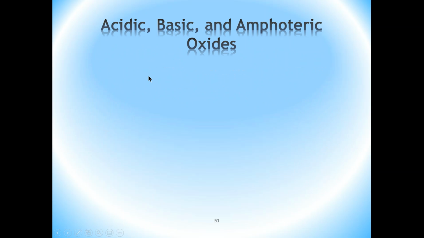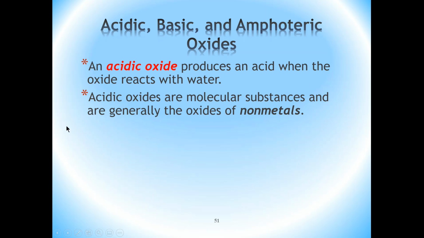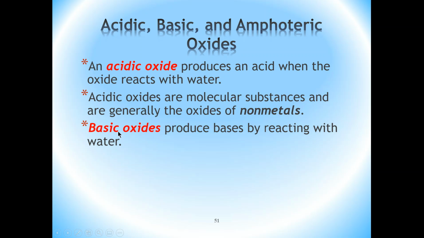Okay, so now we're going to get into a discussion of the different types of oxides formed by elements. And they can be put into 3 categories. We have acidic, basic, and amphoteric oxides. An acidic oxide is one that produces an acid when the oxide reacts with water. And typically acidic oxides are basically molecular substances where you have a non-metallic element combined with oxygen to form non-metallic oxides, all right?